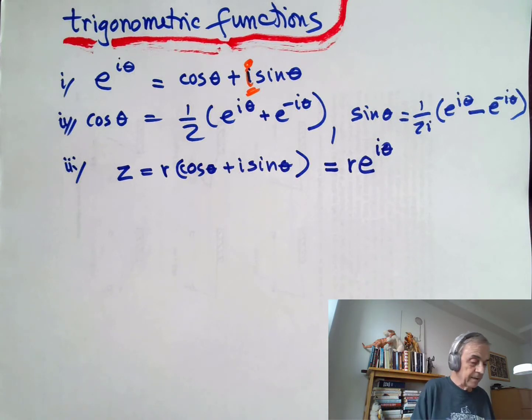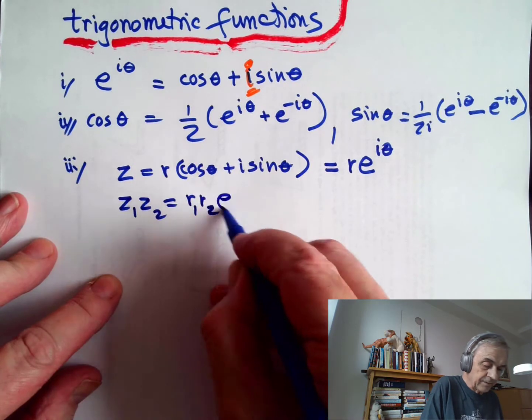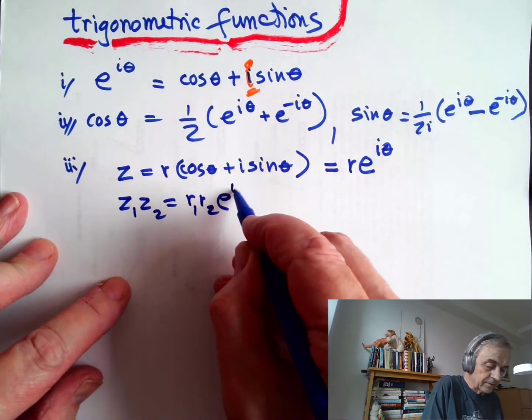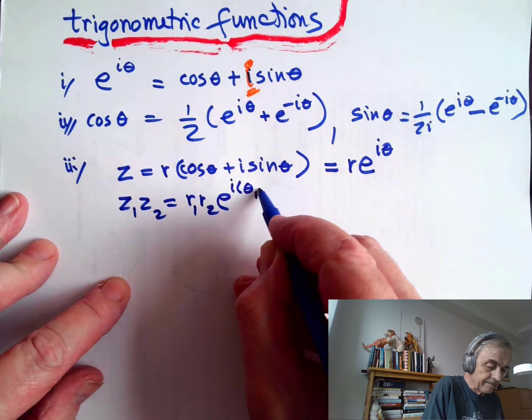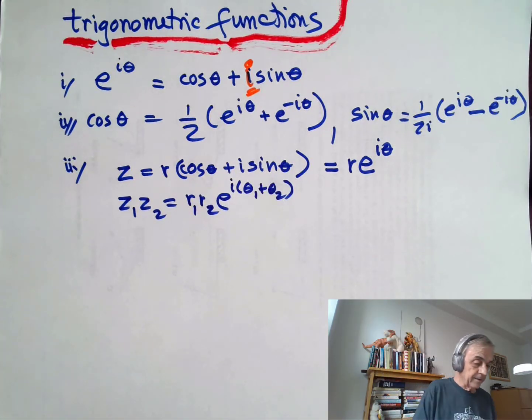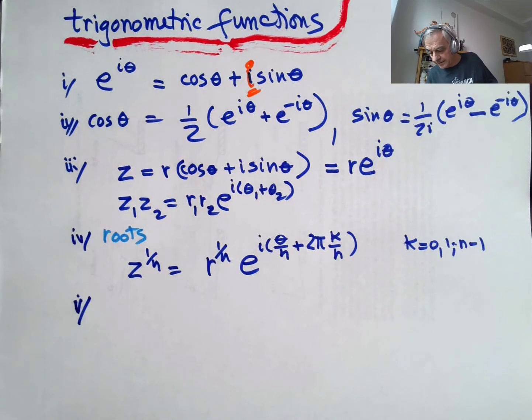And now the multiplication rule is totally obvious because we already know that we are allowed to add up exponents. Roots are simple. Various identities are very simple.